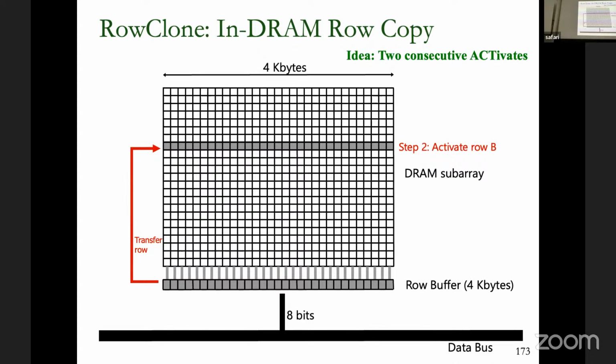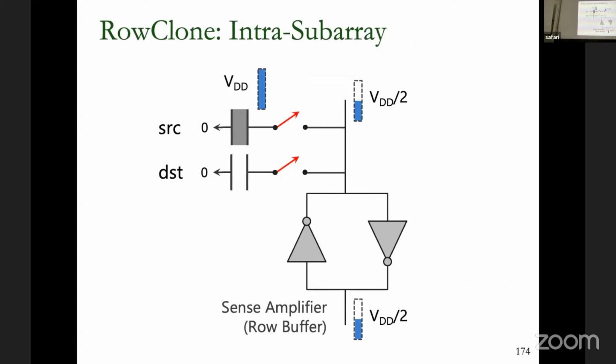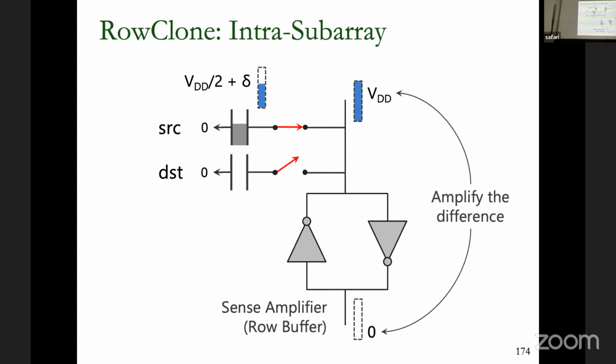The main idea of what we just did is to consecutively issue activates to the source and the destination rows inside the DRAM array. This is just another view of what this is doing. First we activate the source row, and the charge stored in the DRAM cell perturbs the bit line. The sense amplifiers amplify the data to either VDD or ground.